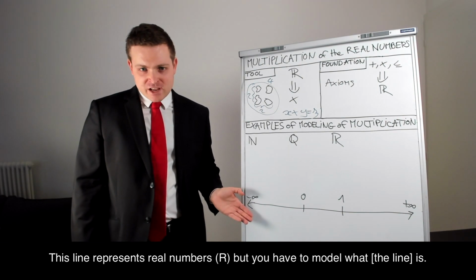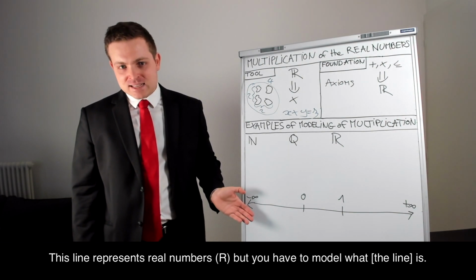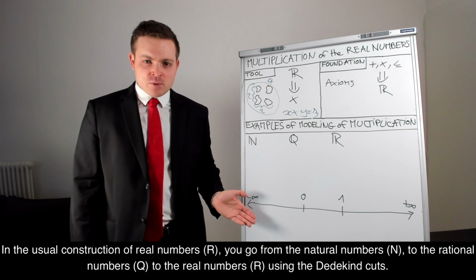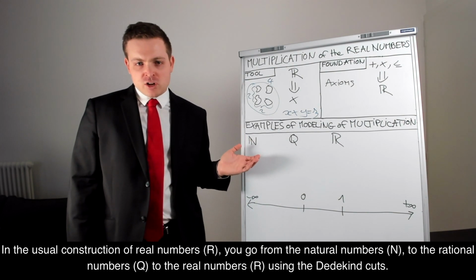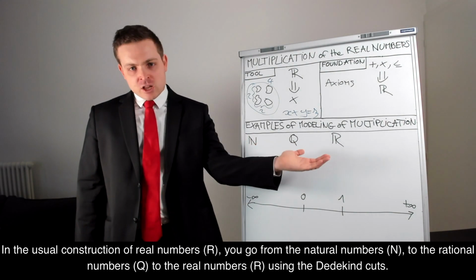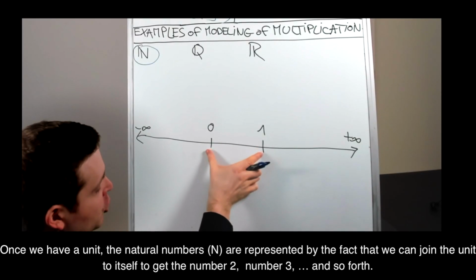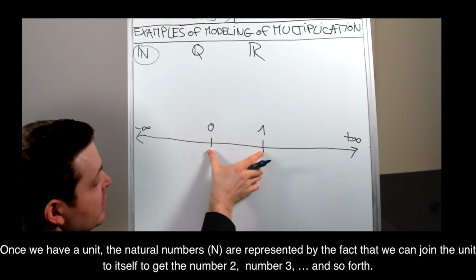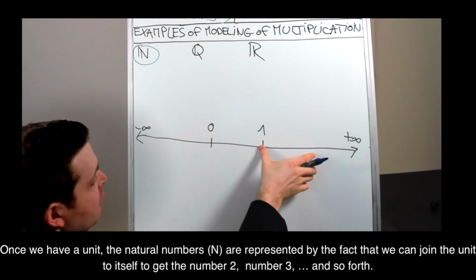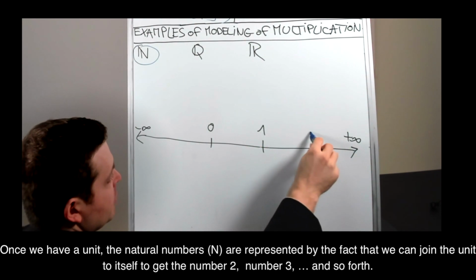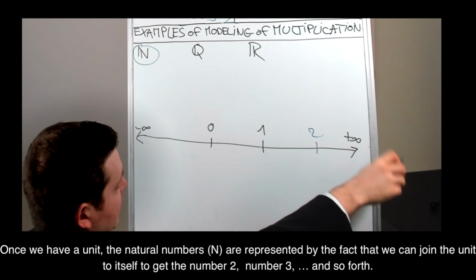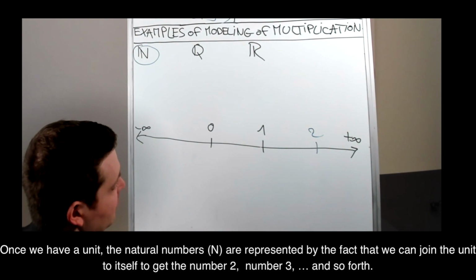So this line represents real numbers, but you have to model what it is, and in the usual construction of real numbers, you go from the natural numbers to the rational numbers to the real numbers using the Dedekind cuts. Once we have a unit, the natural numbers are represented by the fact that we can join the unit to itself to get the number 2, number 3, and so forth.